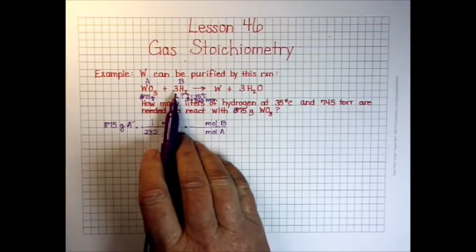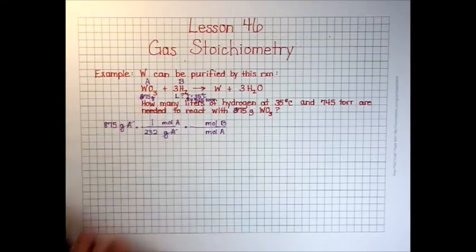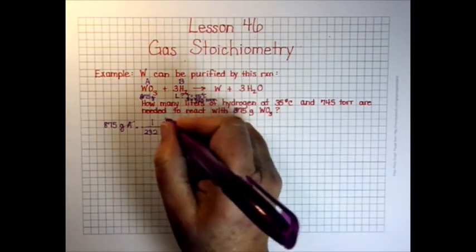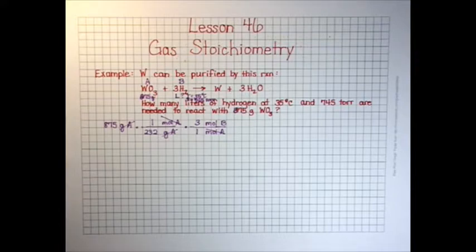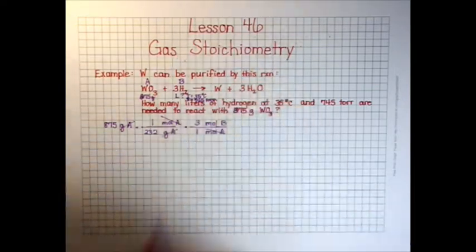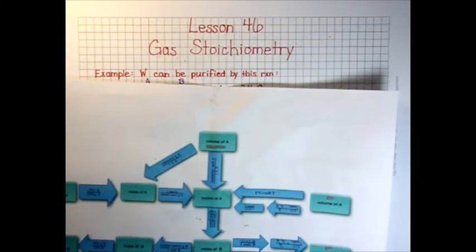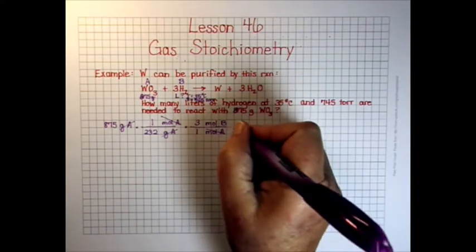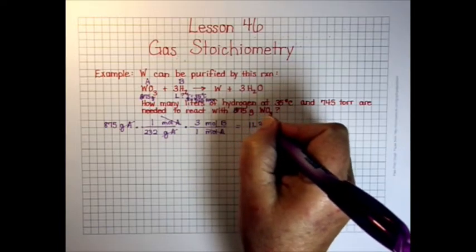The balanced chemical equation is telling us that it's going to take 3 moles of B to react with 1 mole of A. That will get us out of moles of A and into moles of B. I can then stop and do this calculation because now I have smacked into this equation, PV equals nRT, and that is an equation, not dimensional analysis, so I'm going to have to stop at moles of B and figure out the volume using that equation. When I let my fingers do the walking on my calculator, I wind up with 11.3 moles of hydrogen, substance B.